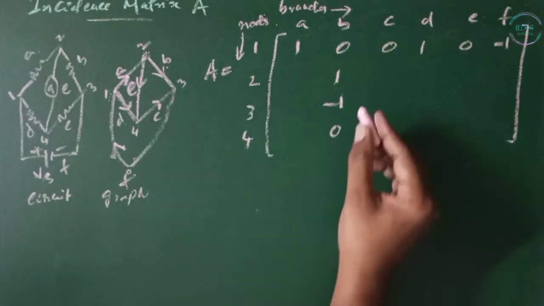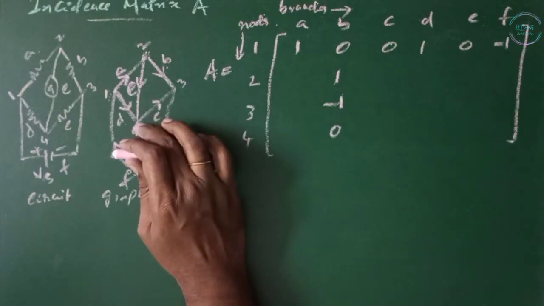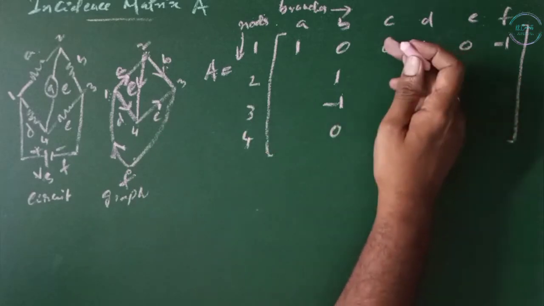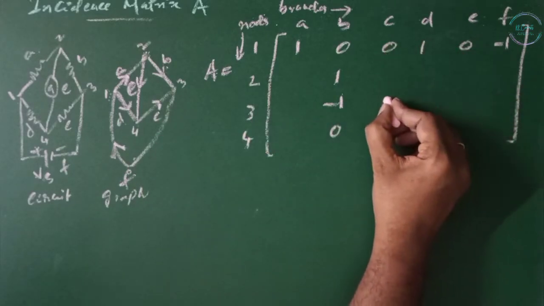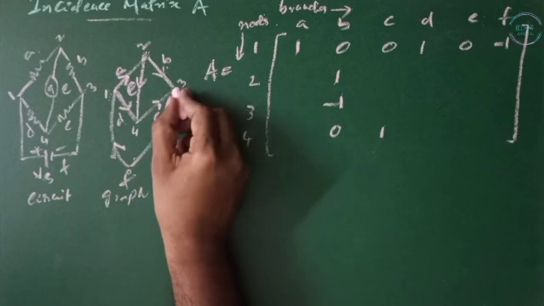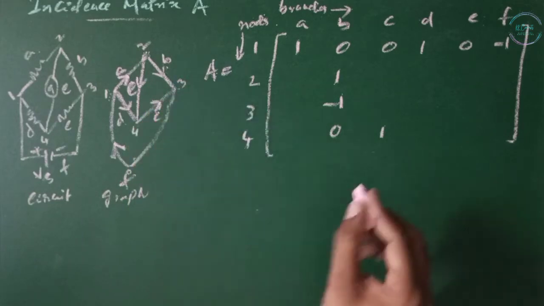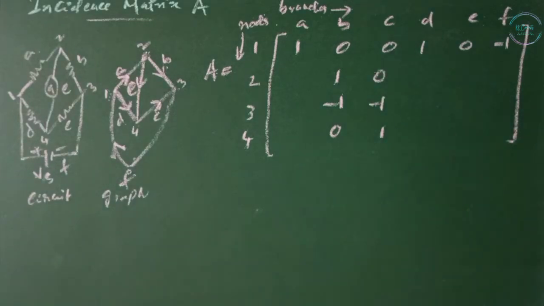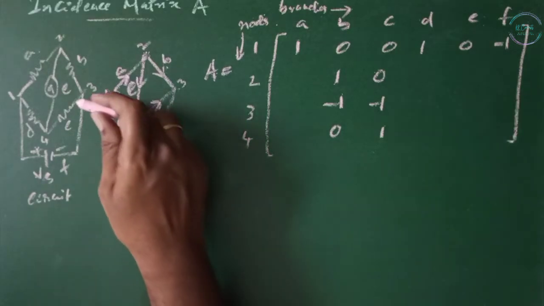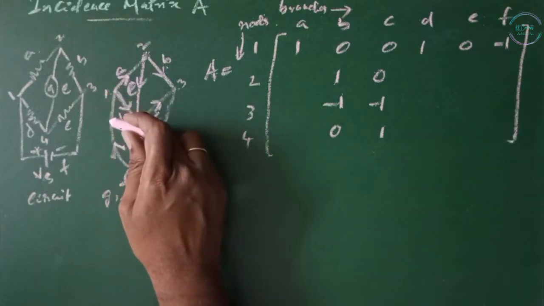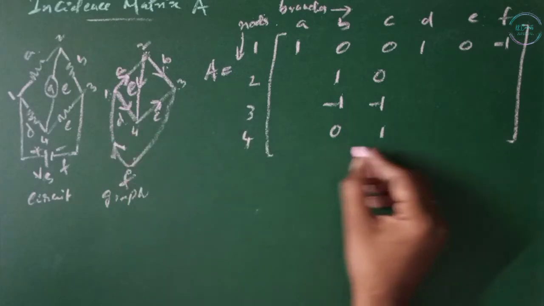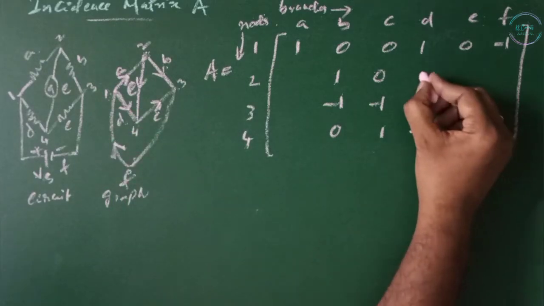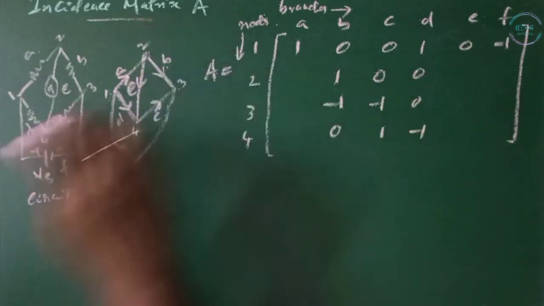C is incident away from 4, so 1, and C is coming towards 3, so -1, and the other terms are 0. Since one branch has two end terminals, they are known as nodes. For D, D is going away from 1 and coming towards 4, so -1. D is not connected to 2 and 3.